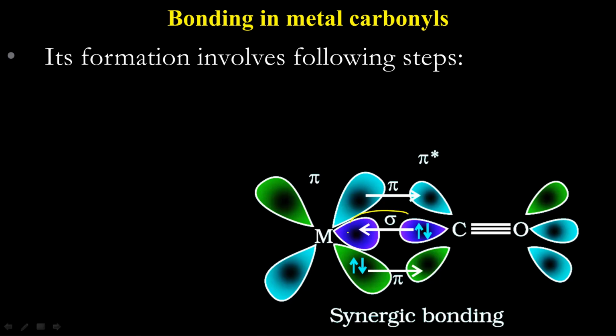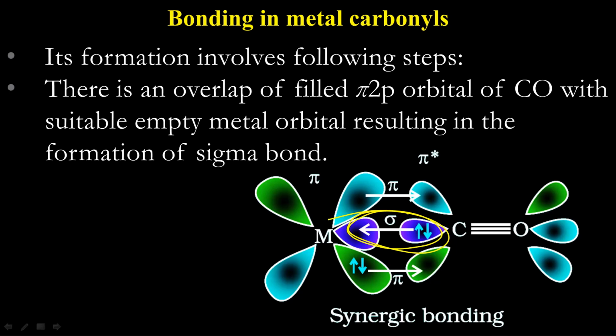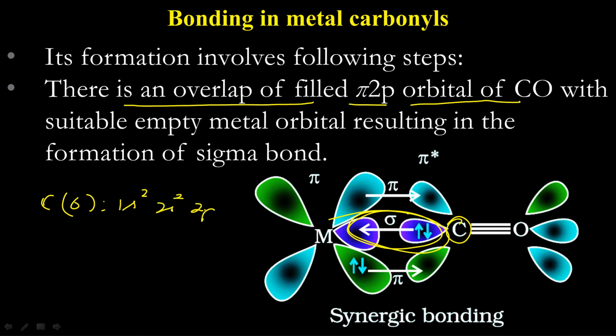First, I am talking about how this bond is formed. There is an overlap of filled pi 2p orbitals of CO, meaning in this I have carbon 1s2, 2s2, 2p2.